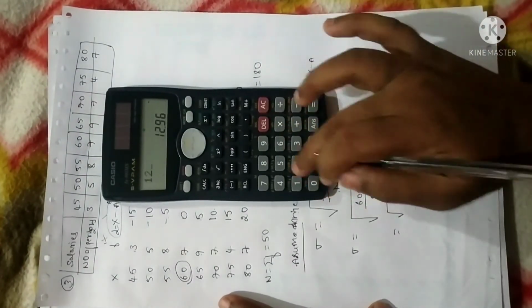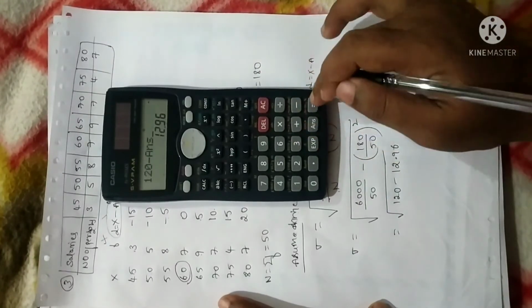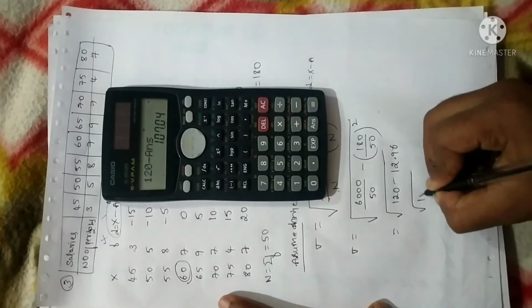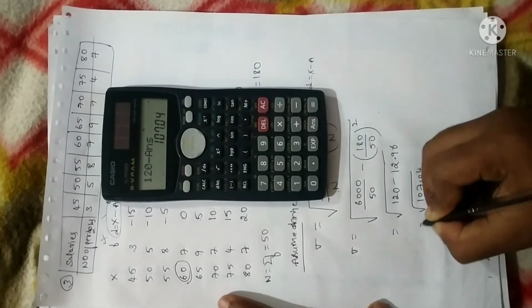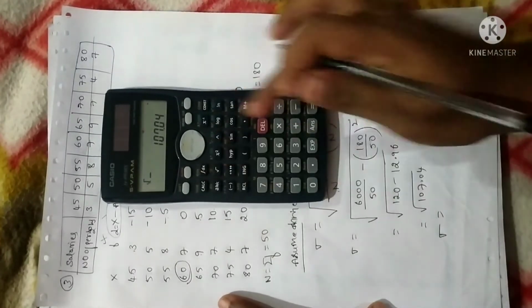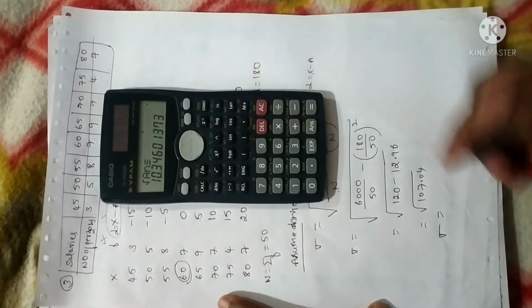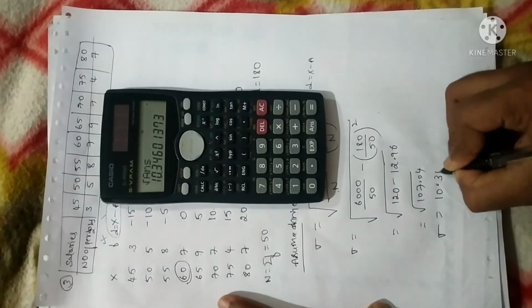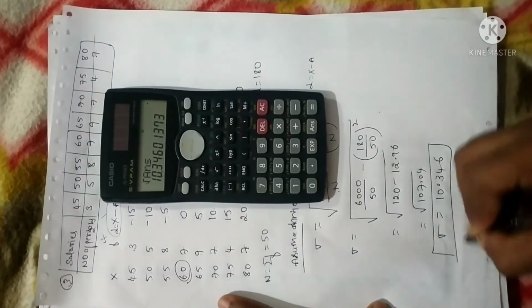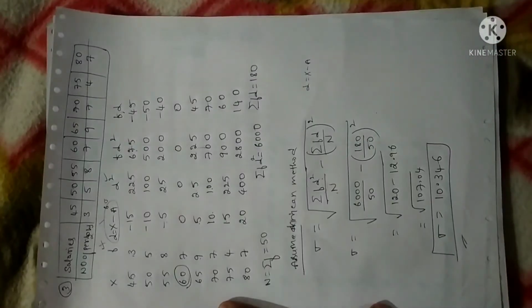So 120 minus 12.96 is 107.04. Therefore, the required standard deviation is 10.346. So this is the required standard deviation.